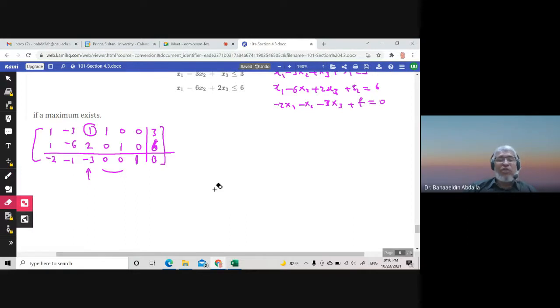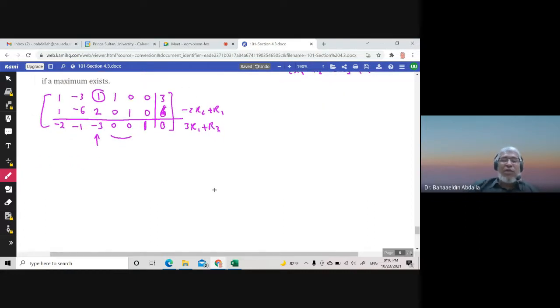I just need to use it to make 2 and negative 3 into 0. So negative 2 R2 plus R1 and 3 R2 plus R3. And let us see the new matrix.